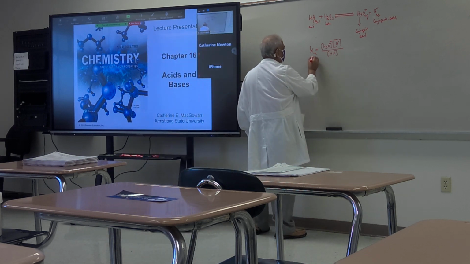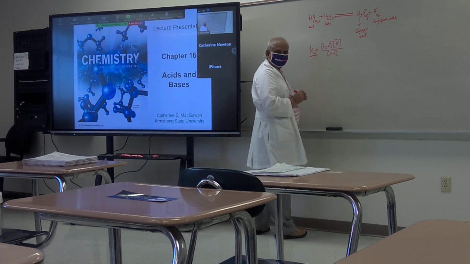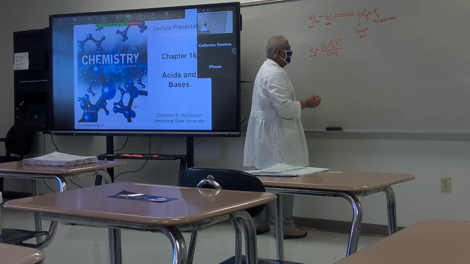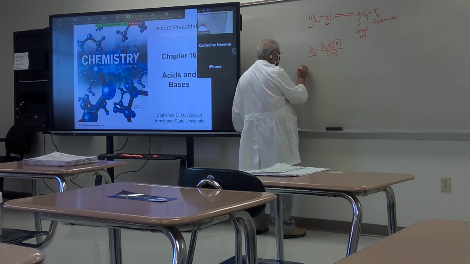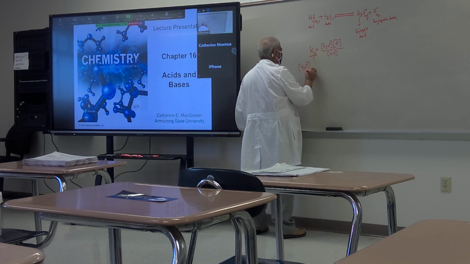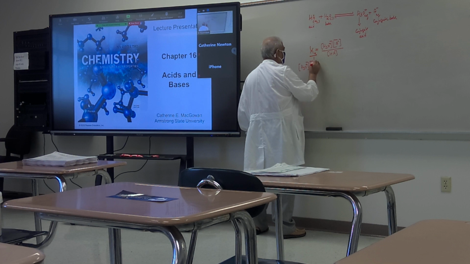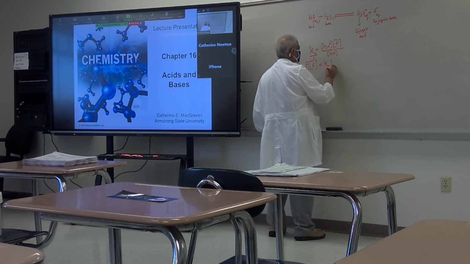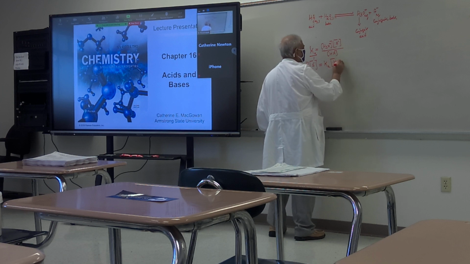So now I do cross multiplication. Understand? So that's going to be H3O plus times the conjugate base, which is equal to Ka times the weak acid HA. Okay?